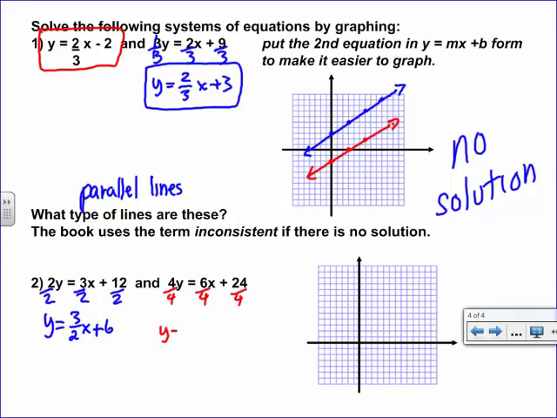And 6/4 is the same as 3/2. 24 divided by 4 is 6. And there's our two equations. Now you note they're actually the same equation. If you graph, go up to the y-intercept of 6, up 3/2.